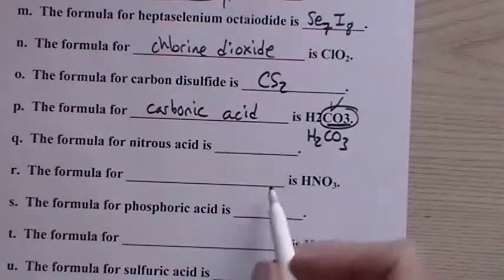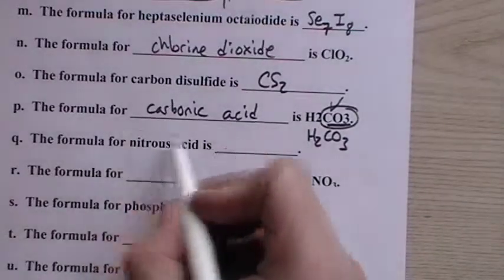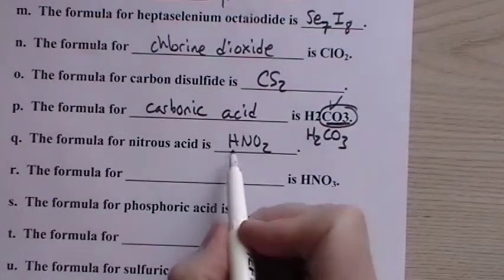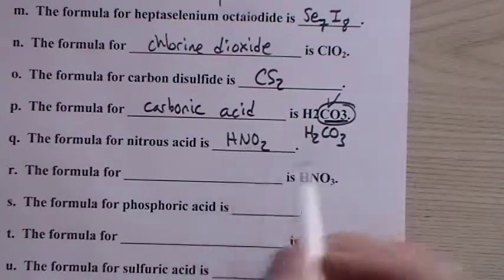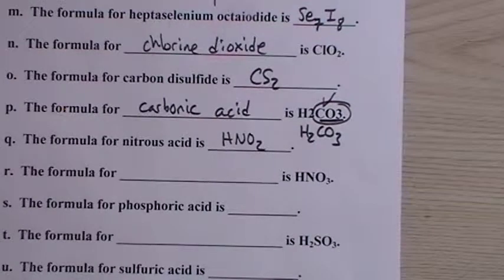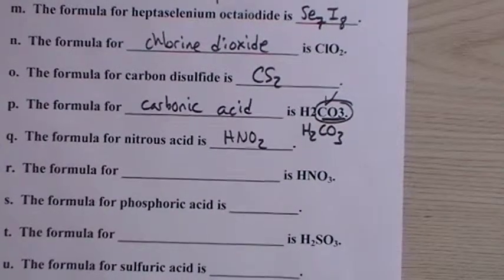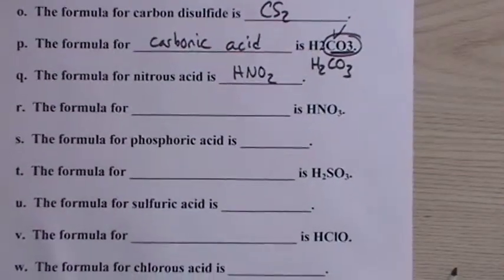So this is carbonic acid. Nitrous acid is HNO2. Nitric acid is HNO3. So there is a pattern to it. Sometimes it's a little bit vague and goes back many decades or centuries of where they came up with the naming system.